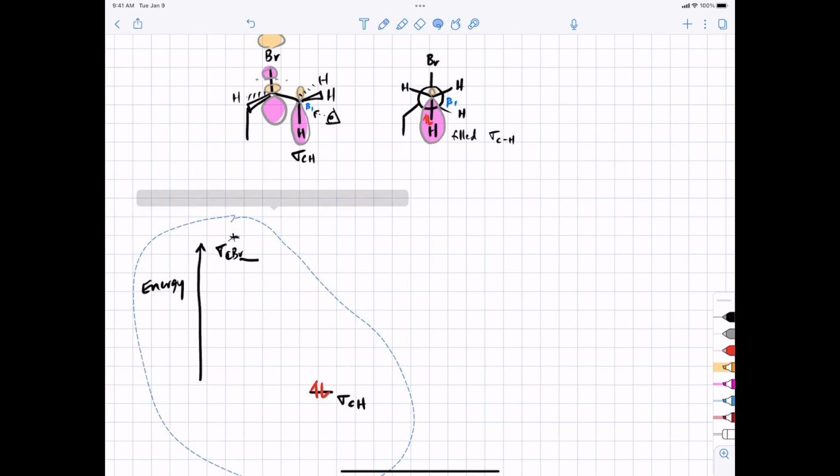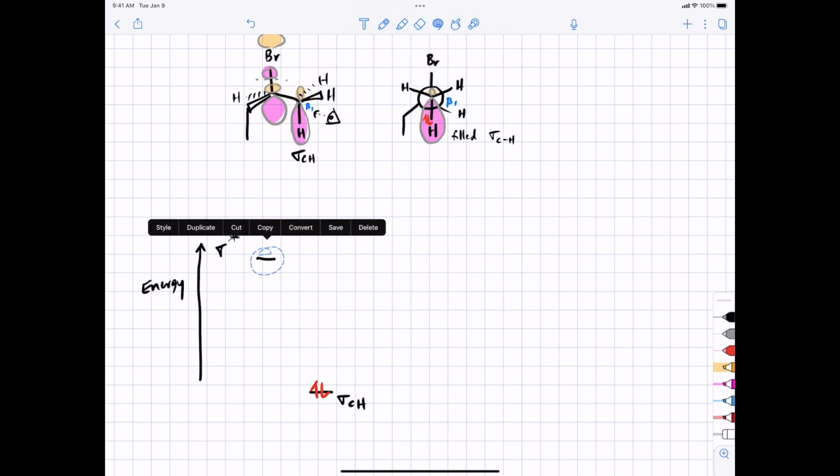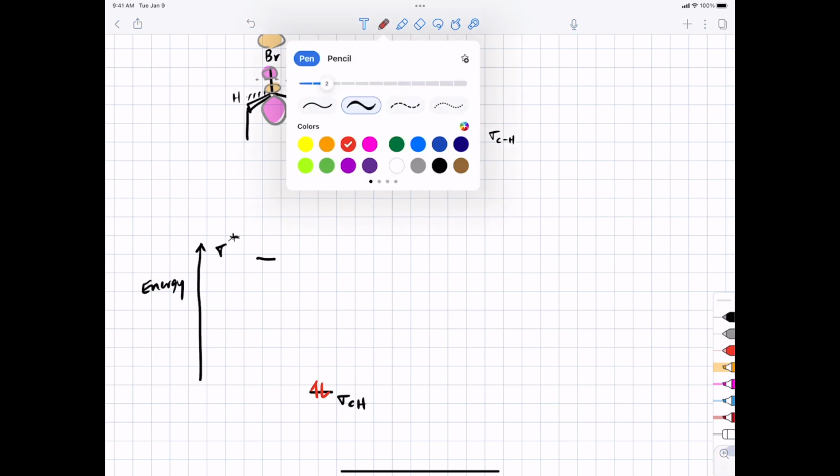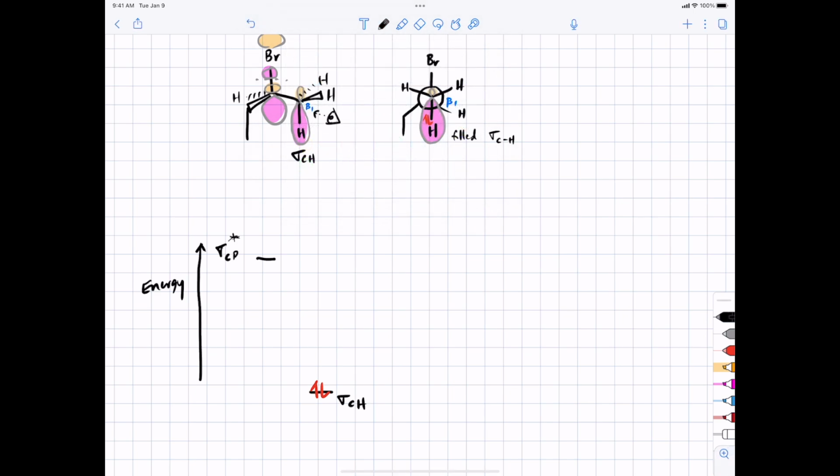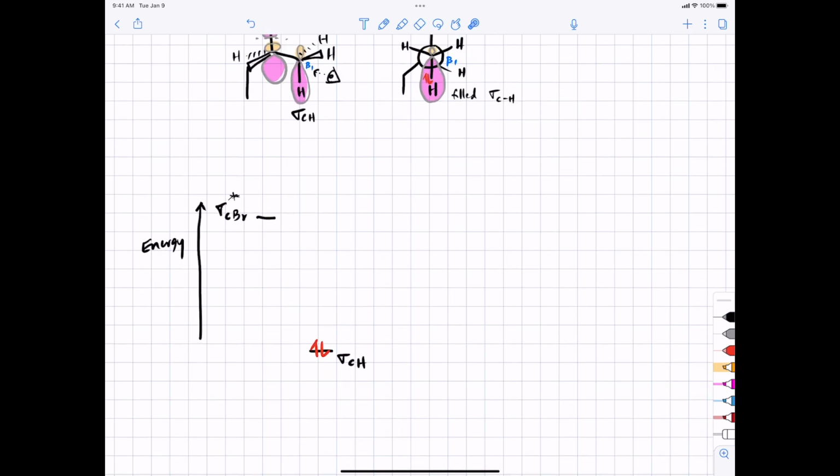Okay, and anytime we bring two orbitals together, they mix, and we get one that's lower than we started at and one that's higher than we started at. We've also said that orbitals mix more the closer they are in energy, and these aren't very close in energy, so they're not going to mix a whole lot, just a little bit.